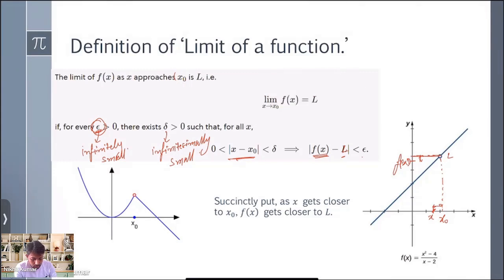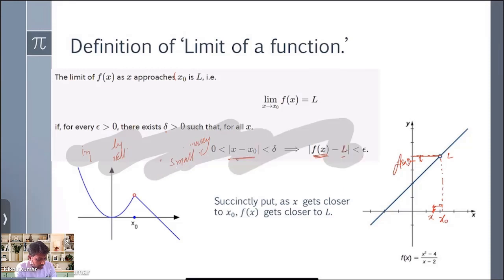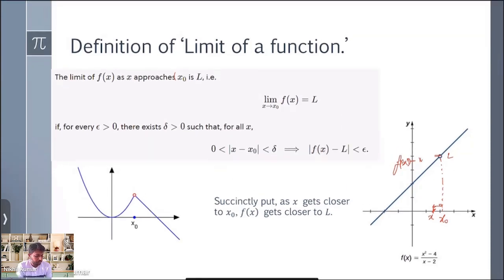Let me remove all these markings. Okay, let's try again. The limit of a function f of x as x tends to x naught is equal to L when there exists an epsilon and there exists a delta. Epsilon and delta are nothing but very, very small positive numbers.